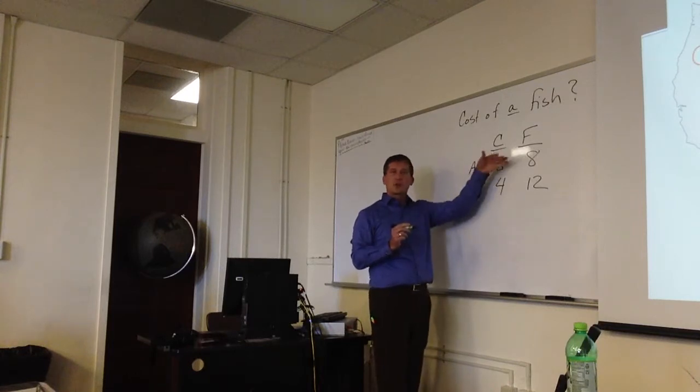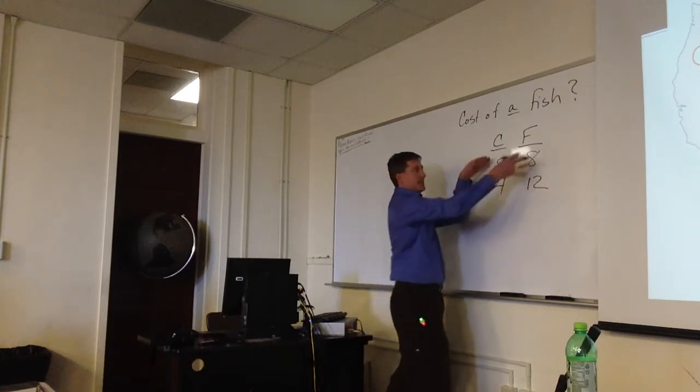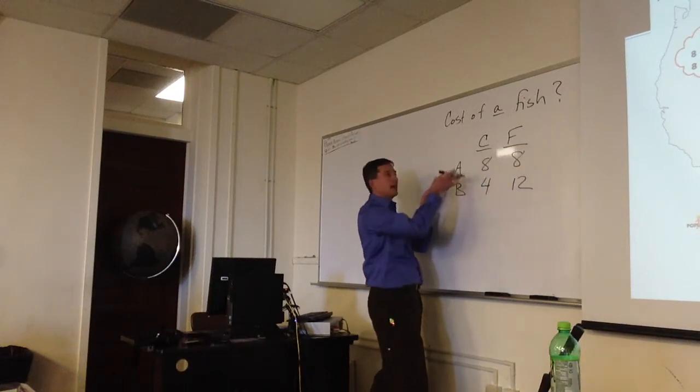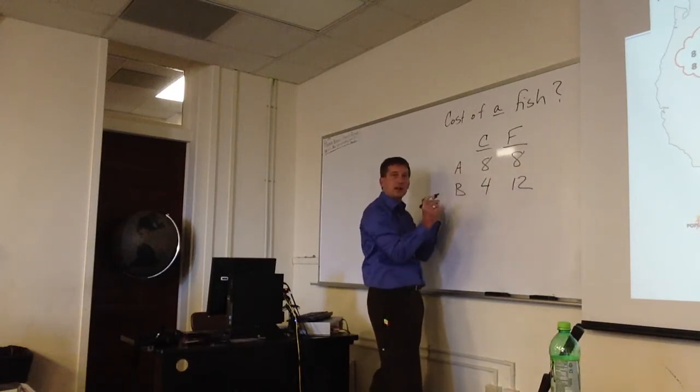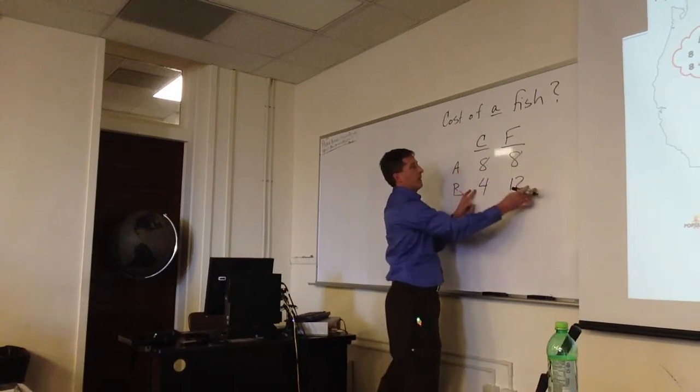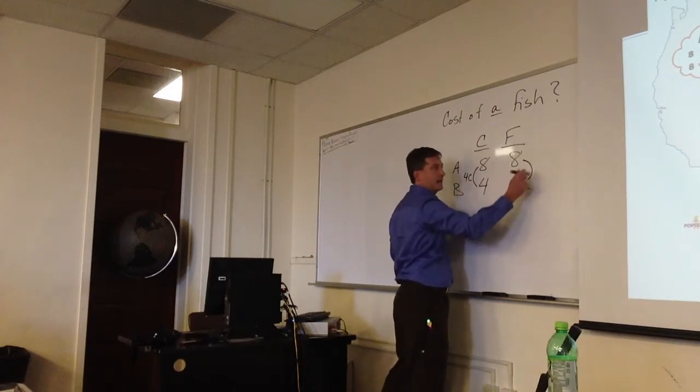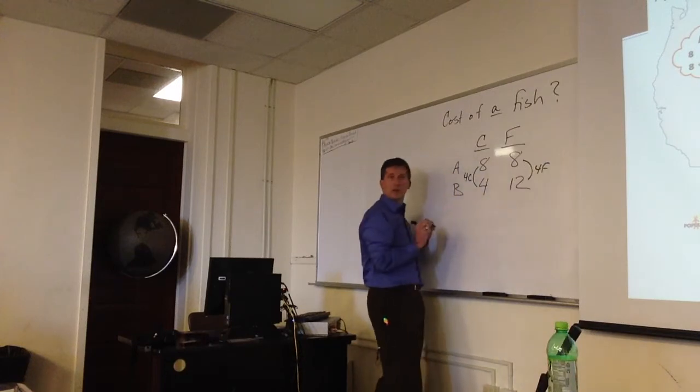So to think about the trade-offs on a given day, we start to see it this way by going from I can have A or I can have B. So what's it costing me each time? So if I give up 4 coconuts, minus 4 coconuts, I get 4 fish.